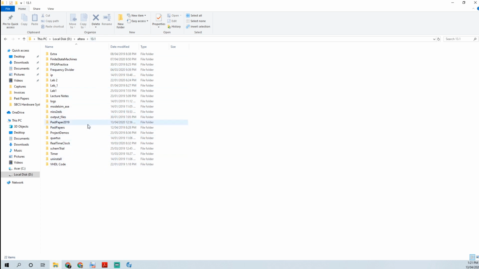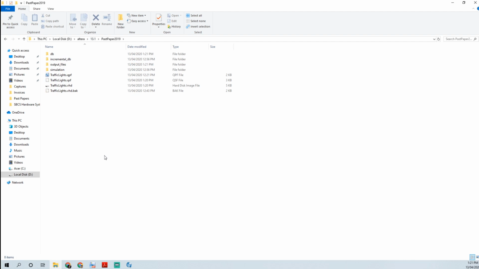Now I named my folder Past Paper 2019, and I created one VHDL file called trafficlights.vhd. Note that it's always this file, this .vhd extension file, that you're just simply going to copy and probably paste into a flash drive or something. So let's see how we can do that.